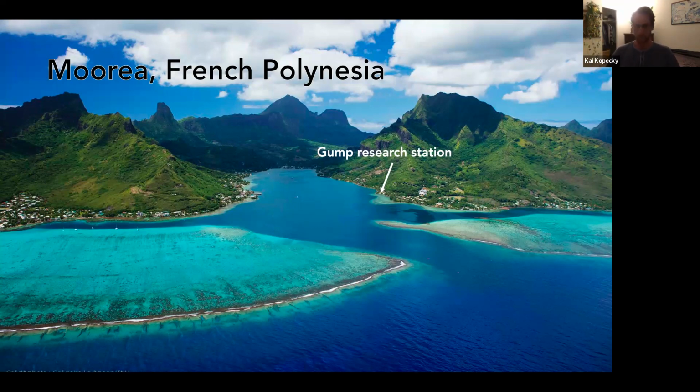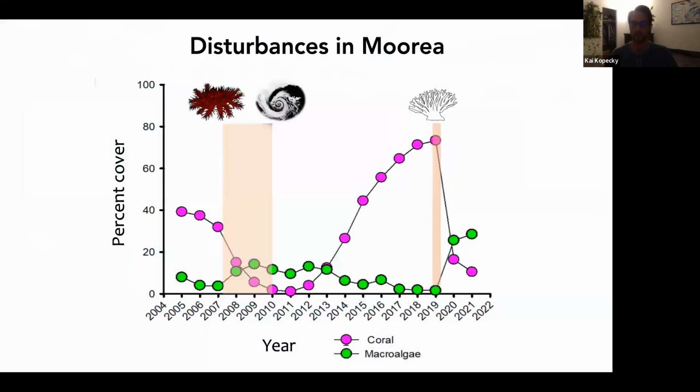It's beautiful, but it also has this really interesting history in terms of disturbances. Again, disturbances are anything that can kill coral. In Moorea, dating all the way back to about 2005 when they started taking data out there, this graph is fairly simple to read, but I'll walk you through it.